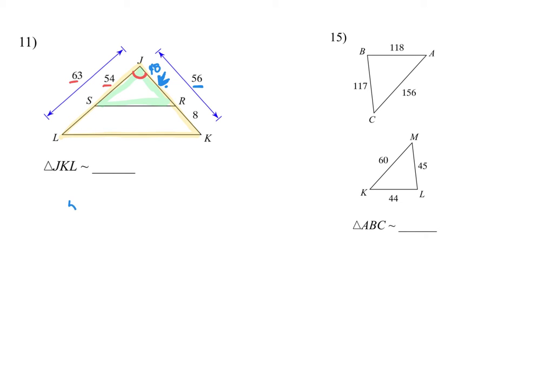So 54 over 63 must equal 48 over 56 in order for this to be side, angle, side. All right. So do those reduce then? 54 and 63, what goes into both of those? 7. 6 over 7. What goes into 48 and 56?